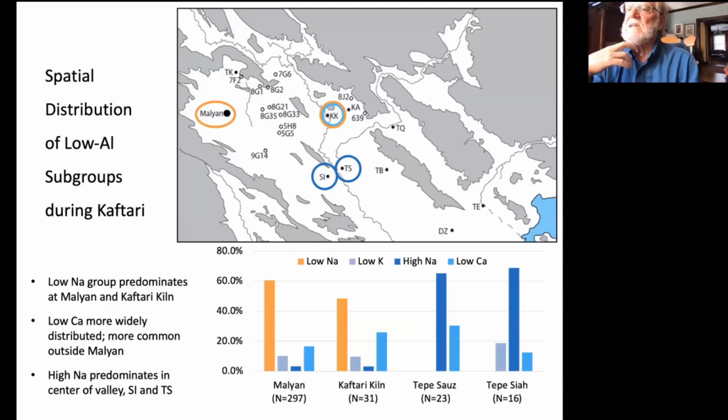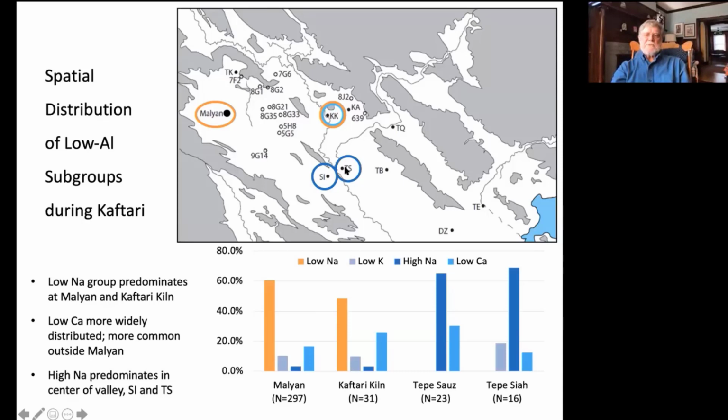Low sodium clays are being used to make Kaftari pottery at Malian and the Kaftari kiln site. So we're not finding the low sodium pottery manufactured in the Kaftari kiln site or in Malian. It's not moving out here to these two peripheral towns.